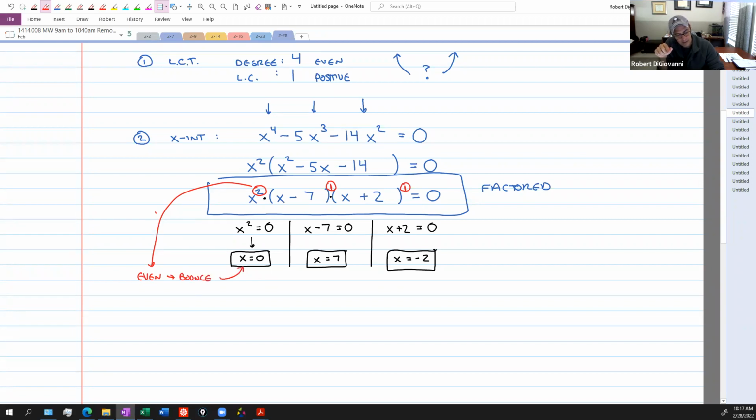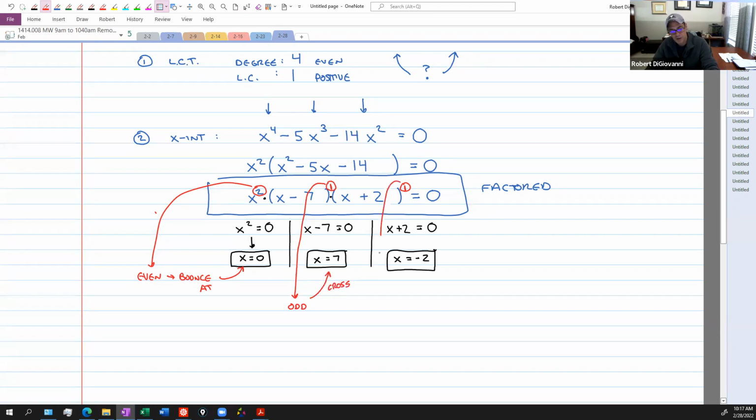at that x-intercept. See, because the x squared is where we got the 0 from, right? The x squared is where we got the 0 from. So the fact that that's a 2 here, that tells me that when I get to 0, I'm going to bounce. If the number here is odd, then that tells me here I'm going to cross through.